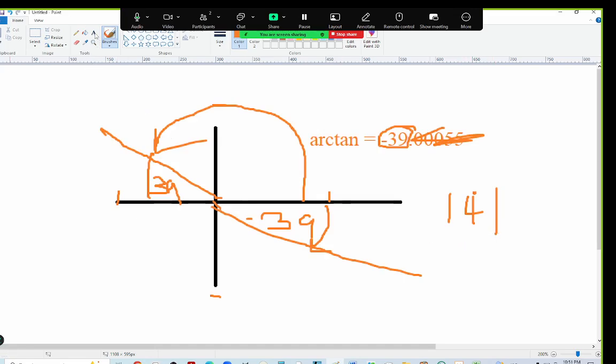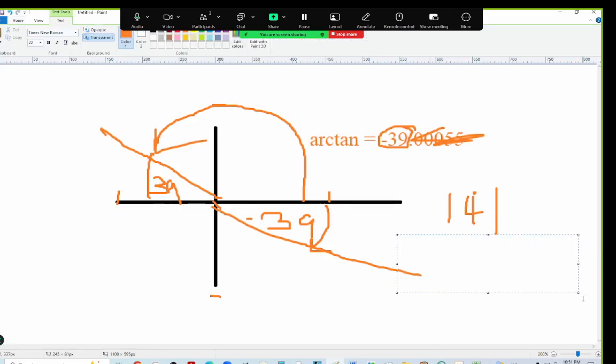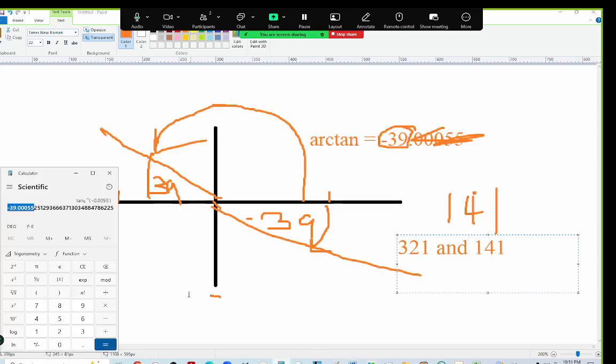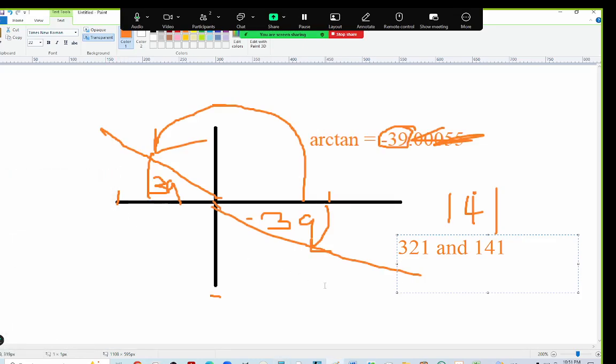So we figured out the two possible angles: 321 and 141. That's the only place. And to confirm it, if we took either of those angles and hit tan, we would get the number that we started with. That's how you know you got it right.